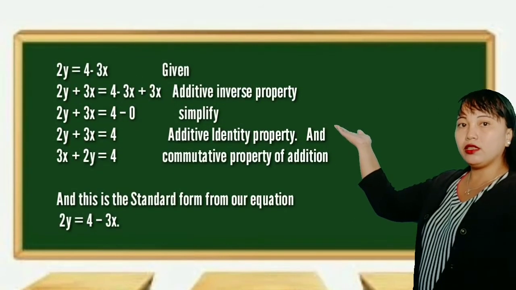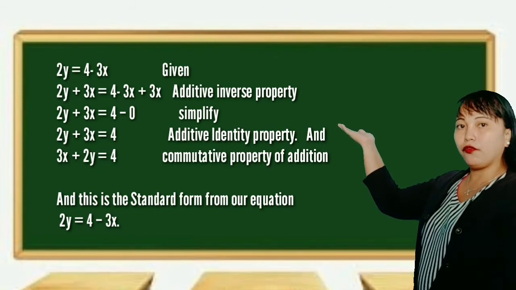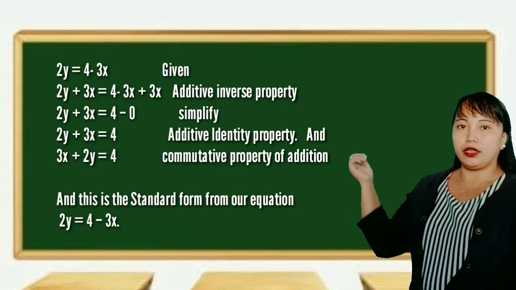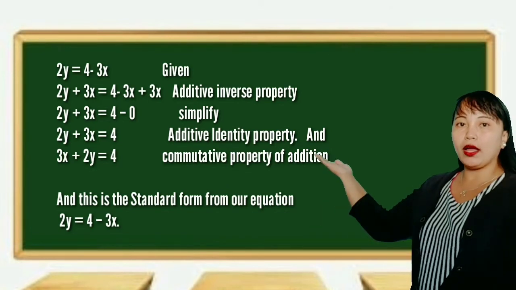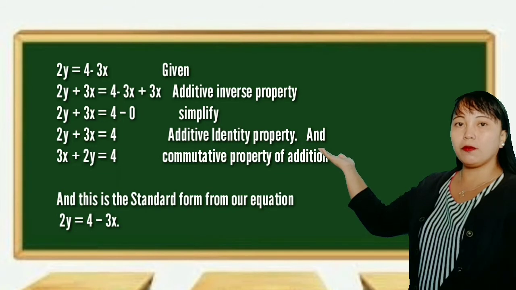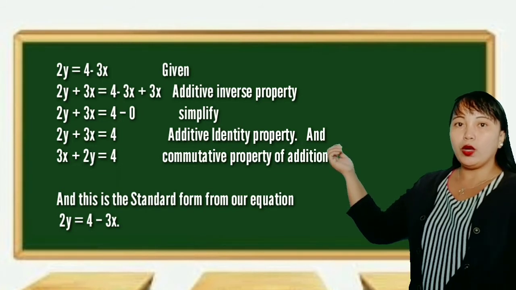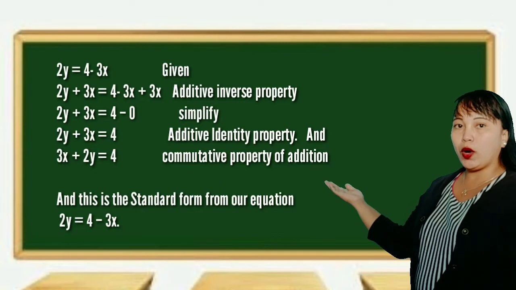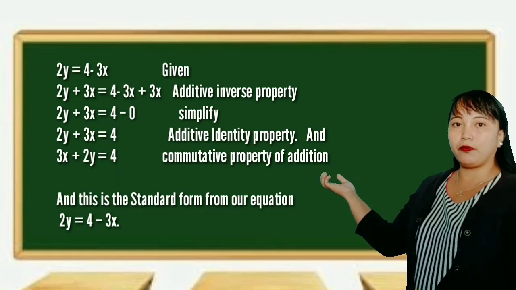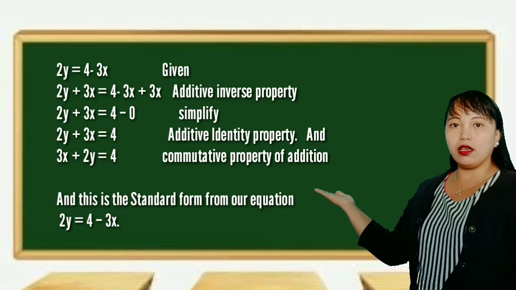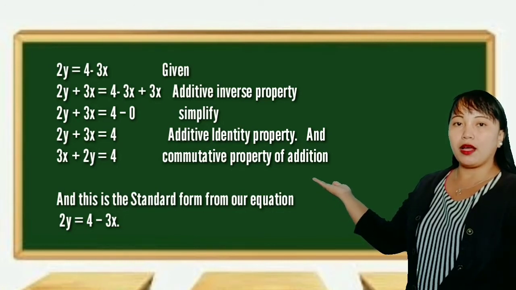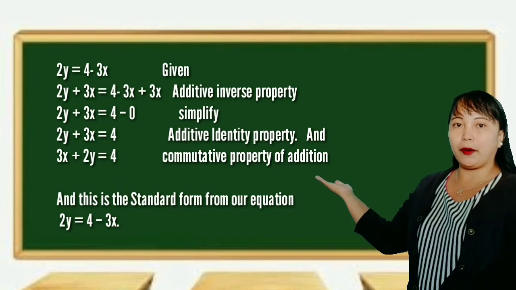The given is 2y is equals to 4 minus 3x. Using additive inverse, we have 2y plus 3x is equals to 4 minus 3x plus 3x. We simplify: 2y plus 3x equals 4 minus 0. Using additive identity property, we have 2y plus 3x equals 4.